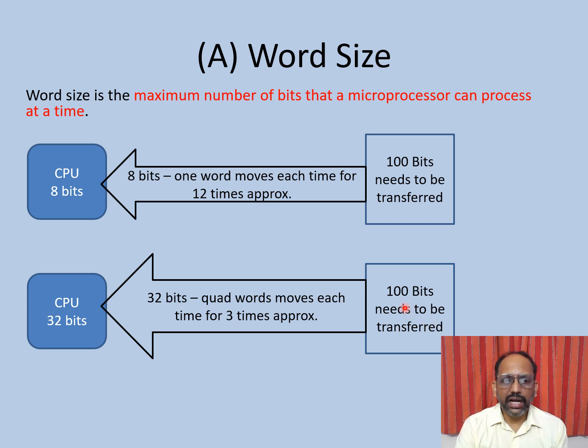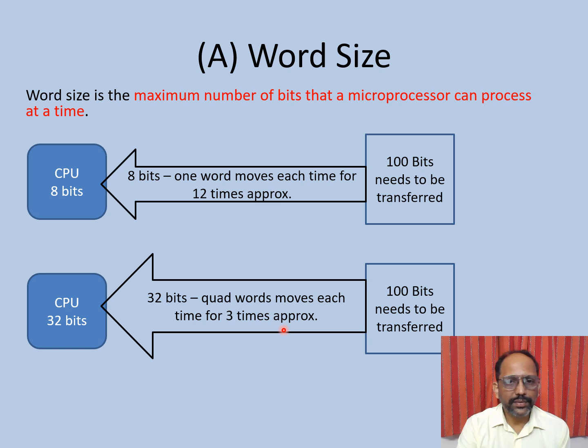So to carry 100 bits to the CPU, how many times are required? 3 times is sufficient to carry all the 100 bits to the CPU because of the 32 bits. With 8 bits it takes 12 times, whereas here it takes only 3 times.